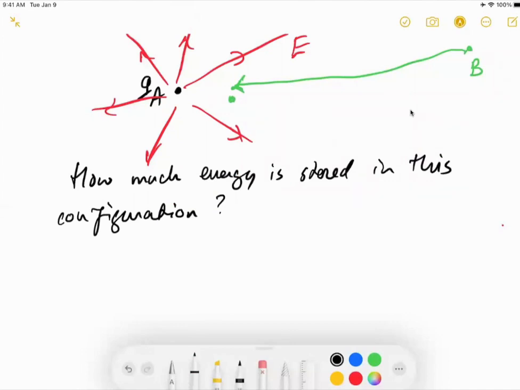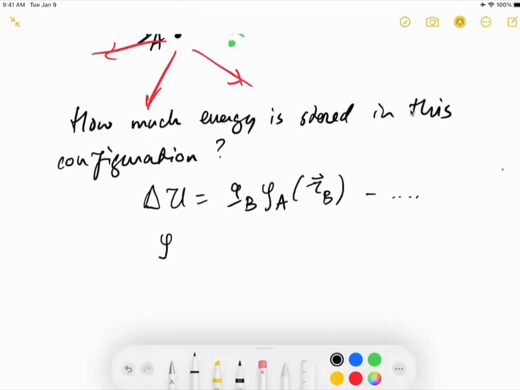Well, delta U would be QB times the potential difference. But of course, the final potential is the potential generated by particle A at the location where particle B shows up. And if we started at infinity, then we don't need to subtract the initial energy because the potential goes to 0, right?